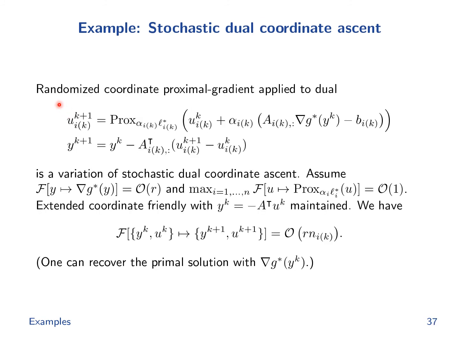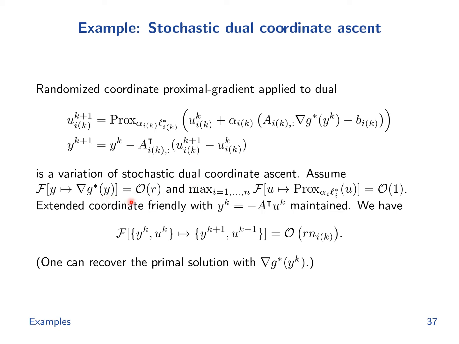Apply the randomized coordinate proximal gradient descent method to the dual. In every iteration, we update one block of the dual variable u. We have used the fact that the prox of a separable function is separable. We have used the fact that g star is smooth, so we can compute its gradient. And we have maintained y equal to negative A transpose u, therefore we also need to update y. In this iteration, the dominating computation is the gradient, the matrix vector multiplication, another prox, and matrix vector multiplication.